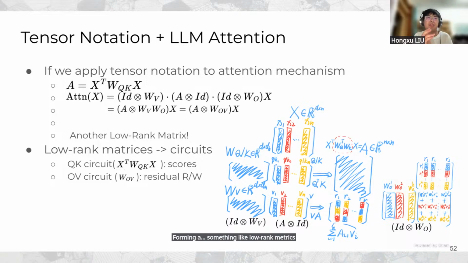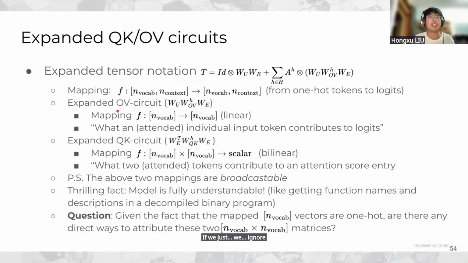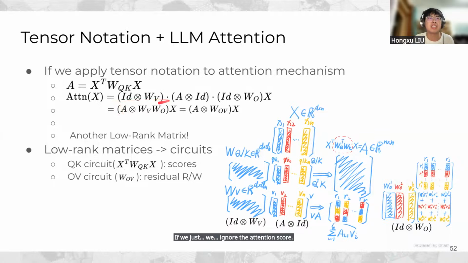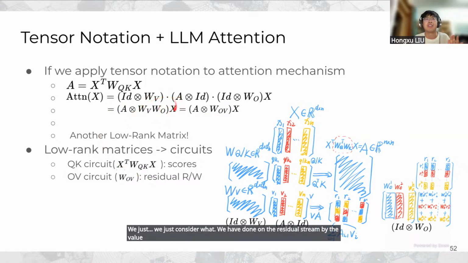So what the OV circuit gives us is that if we ignore the attention score, we just consider what we have done on the residual stream by the value and output vectors.